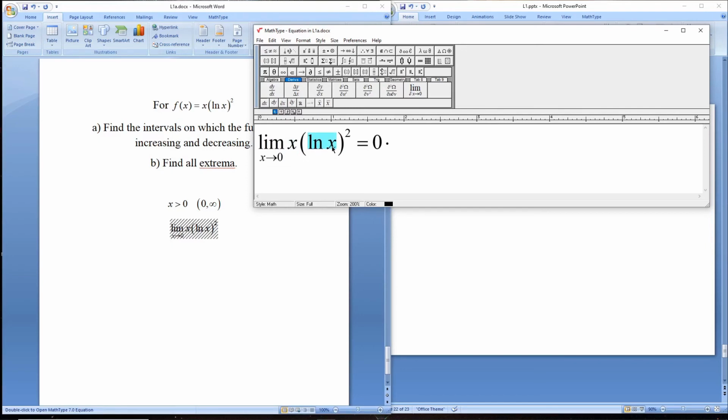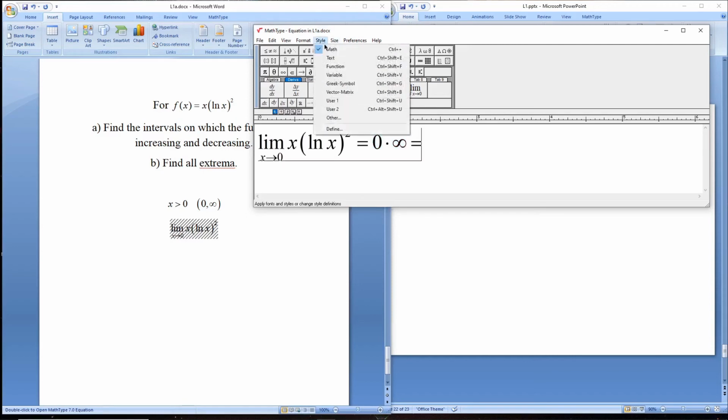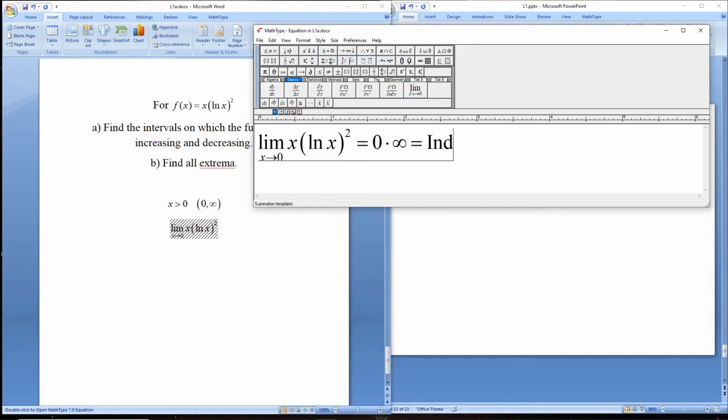Log of 0 is going to minus infinity, but minus infinity squared would be positive infinity. And you may be thinking 0 times infinity is 0, but it's not necessarily. This is an indeterminate form.